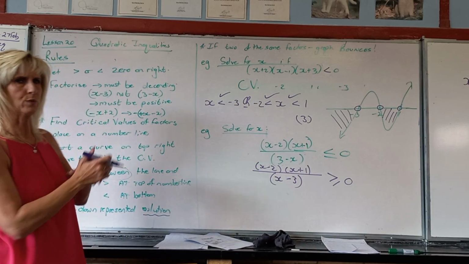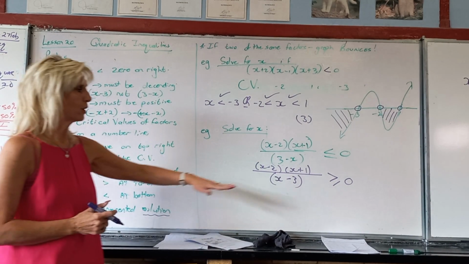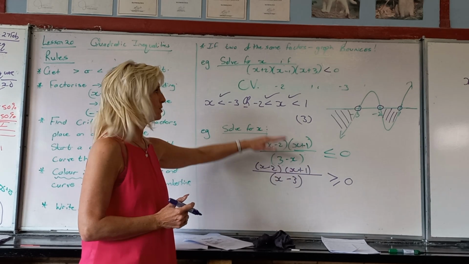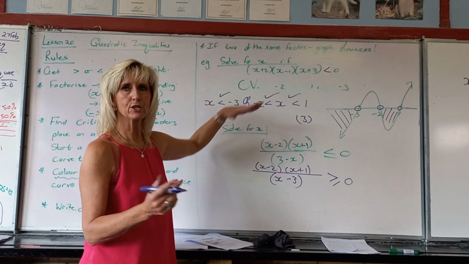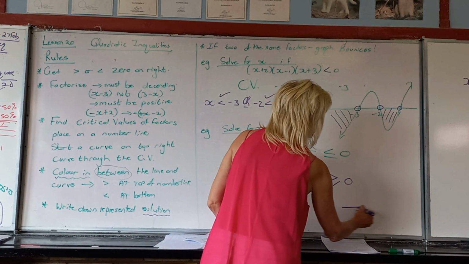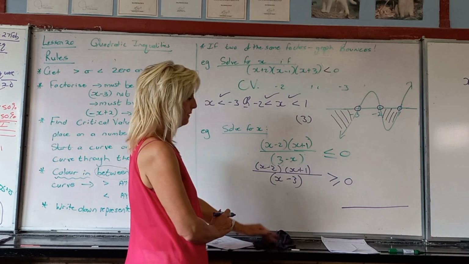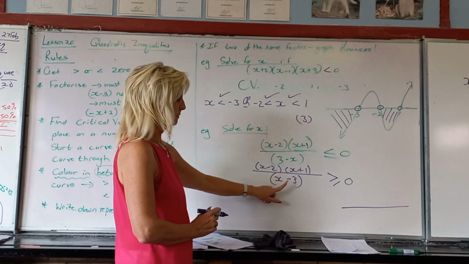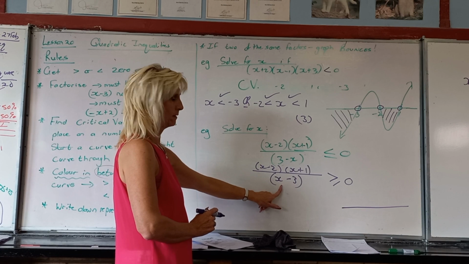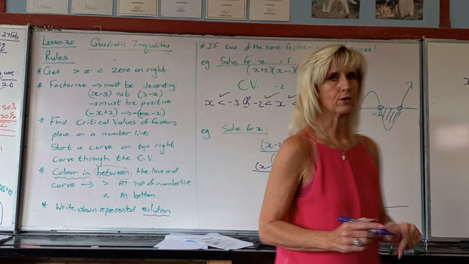So now what do I do with this method? You go write down your critical values. You're not always going to write it like that. I just want to see them on your graph. On your graph, what are your critical values? 2, negative 1. Okay, so where do I start?